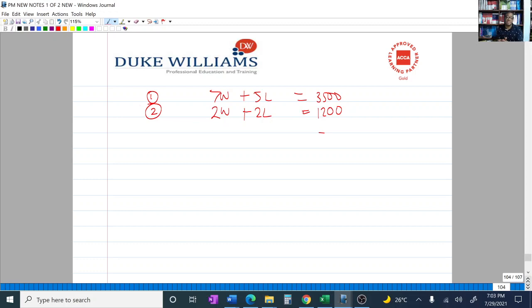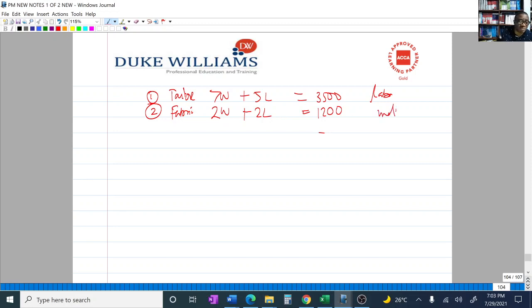Now, the object is to find the value of W and L that will satisfy this. So then again, I'm calling this the tailor or labor, whatever you want to call it. So the tailor time or labor time, and then the fabric or material, if you want to call that.